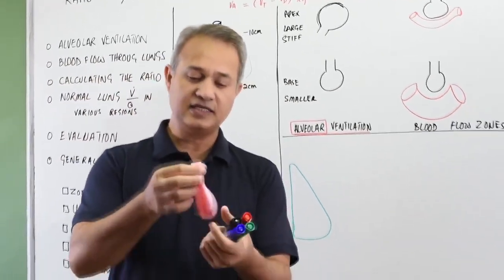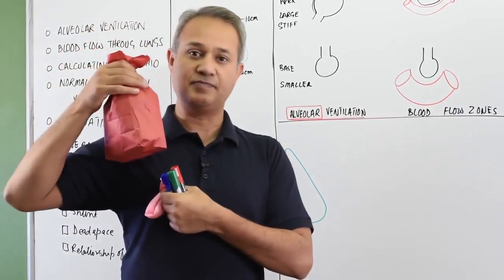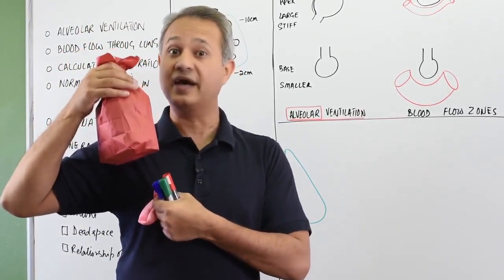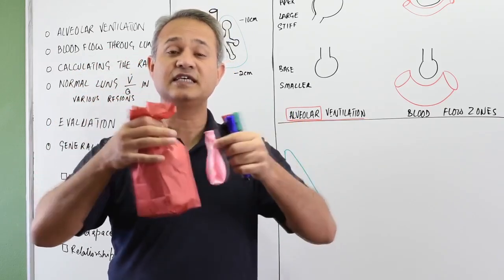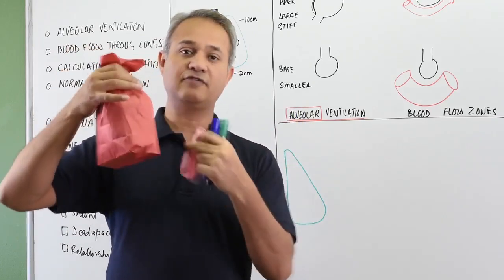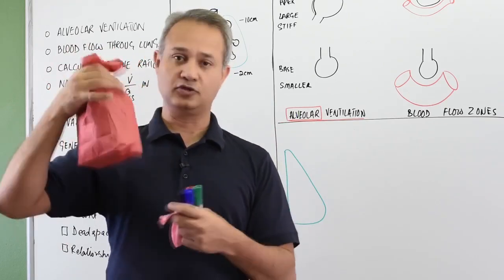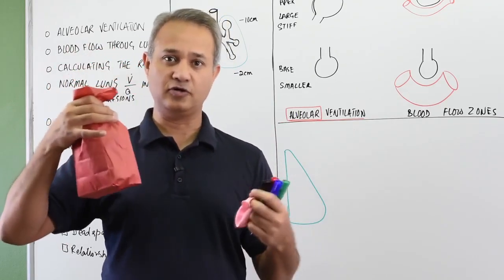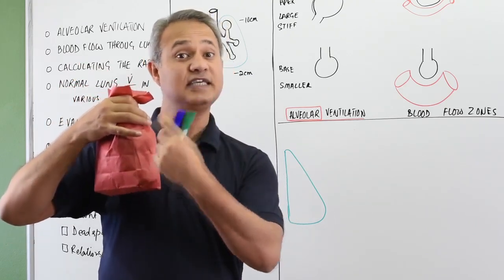Look, imagine that this is the alveolus at the base and this is the alveolus at the apex. Which one is more compliant? This one. Do you know why? Compliant means easily distensible. Well, this one is already inflated. It's not going to distend further. Is that a bad thing? You say, well, it is already inflated, has a lot of air, we're all good. No. If it is not going to move, it is not going to receive new air.